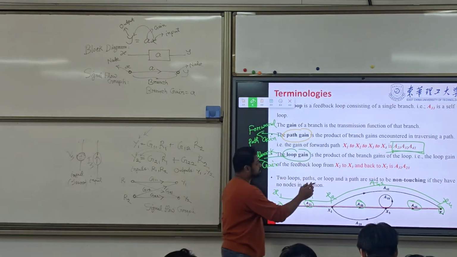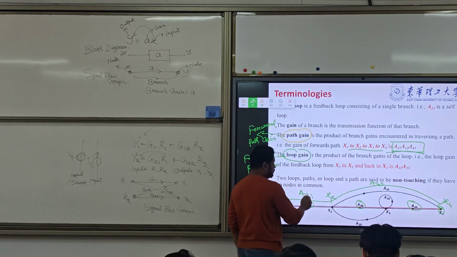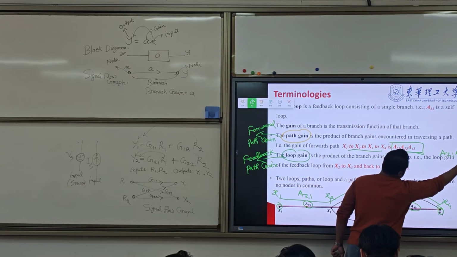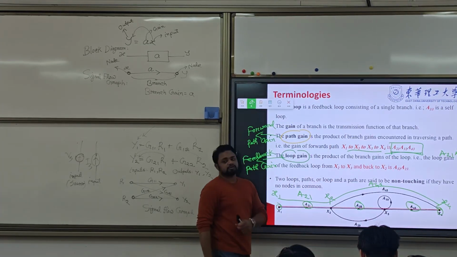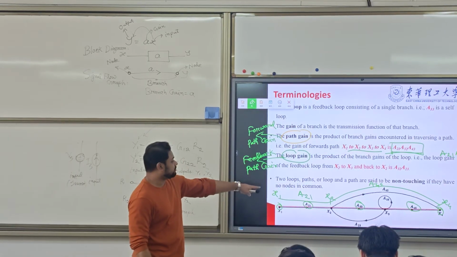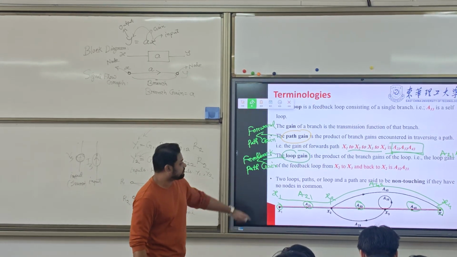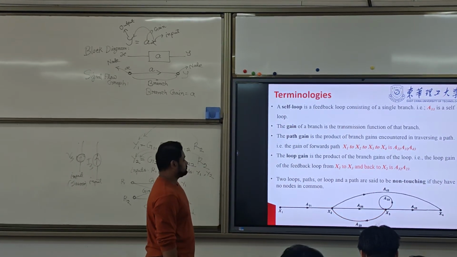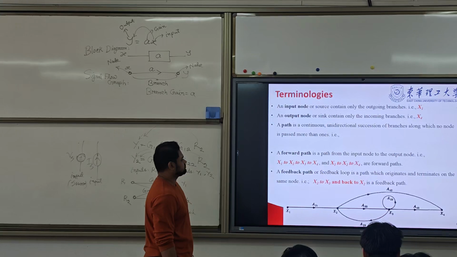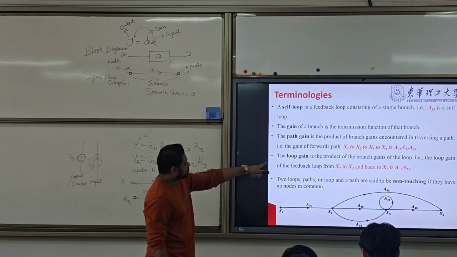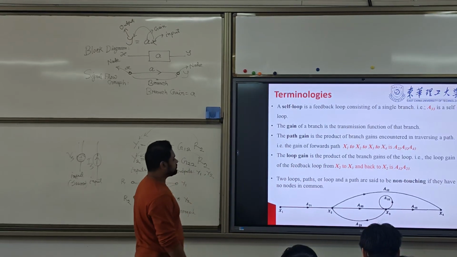We have two path gains: one is A21 A32 A43, and another one is A21 A42. Here we have two forward paths. So here it is mentioned only one, but we have two path gains. So you must define that.